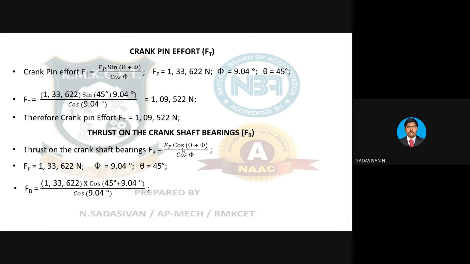If you have done Ft in a calculator, Fb is very easy. Just move the cursor and change the sign into cos. You'll get the answer, around 79,456 Newton. So that is your thrust on the bearings. You have to consider this and design the bearings strong enough. Therefore, thrust on the crankshaft bearing Fb is 79,456 Newton.